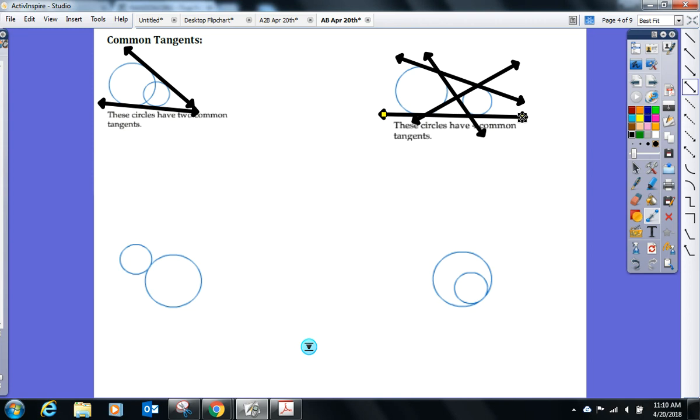Next one, I'm making no predictions. Do you think you could find how many common tangents there are when they're just touching? Two circles that are just touching. How many common tangents do you think you have?